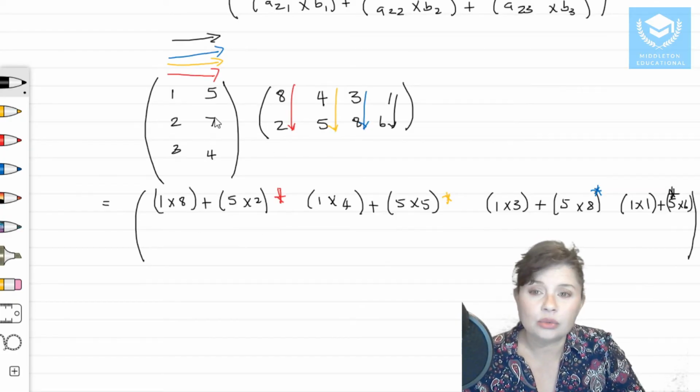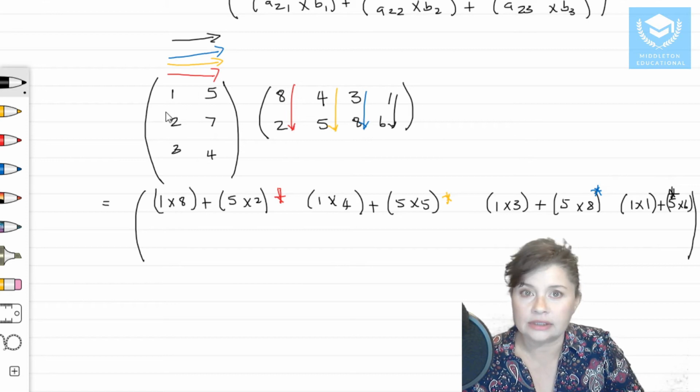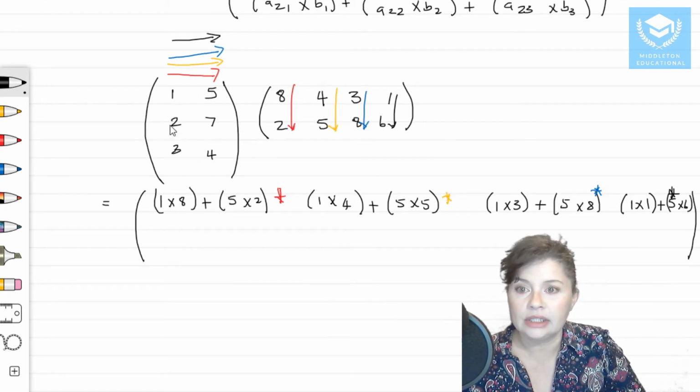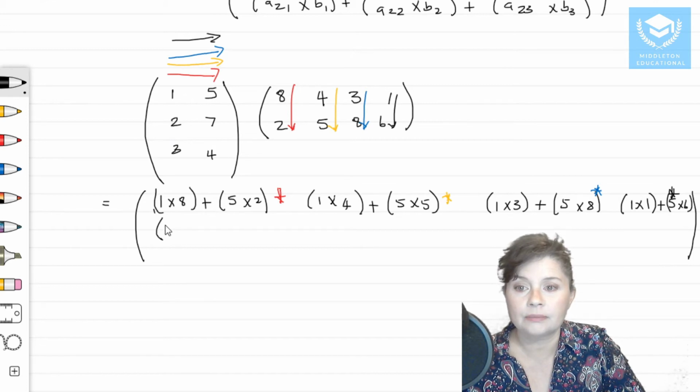This is what you do for each of the rows of the first matrix. The next position is with the next row, the 2 and the 7 with the elements. So we're going to have 2 times 8 plus 7 times 2.